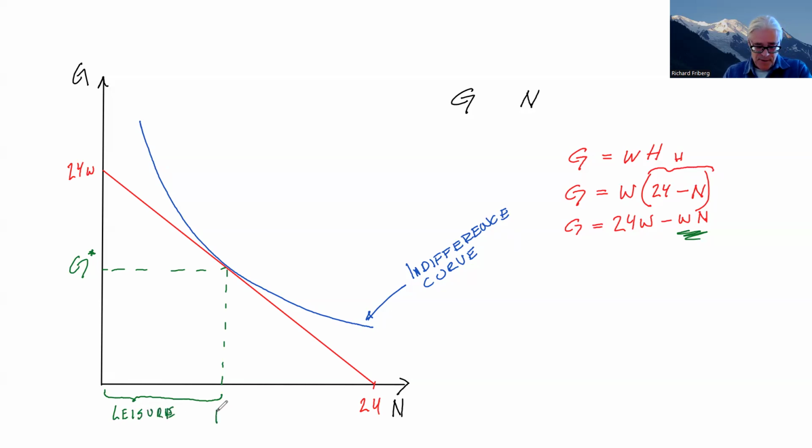Leisure, we could call that N star here, and whatever's not leisure is spent working, what I'm doing now. Okay, so that's the simplest case, a simple case of utility maximizing choice between labor and leisure.